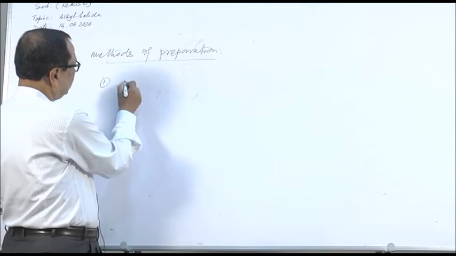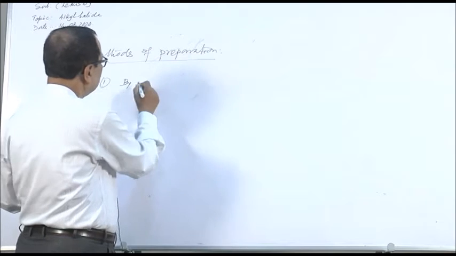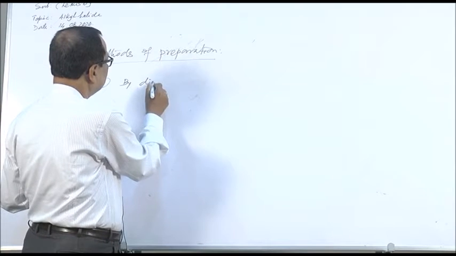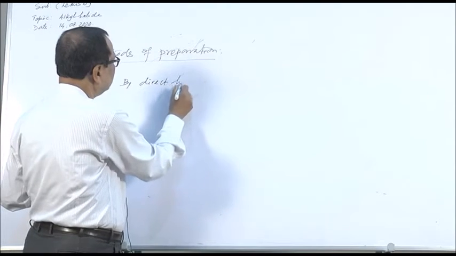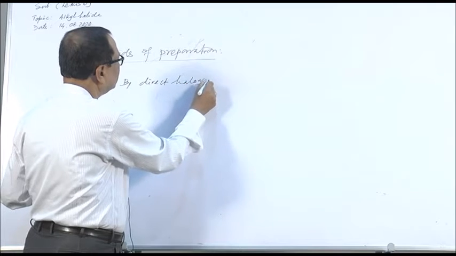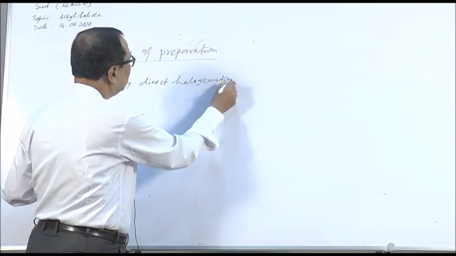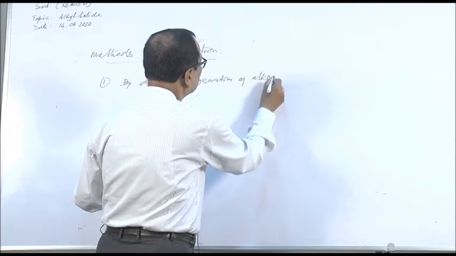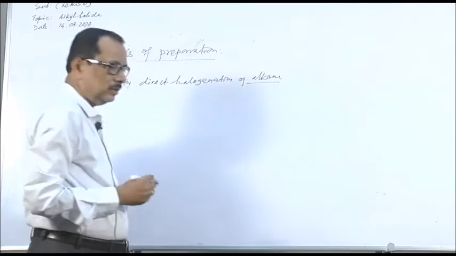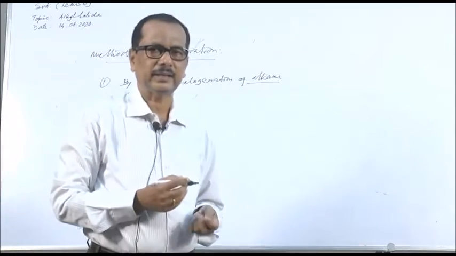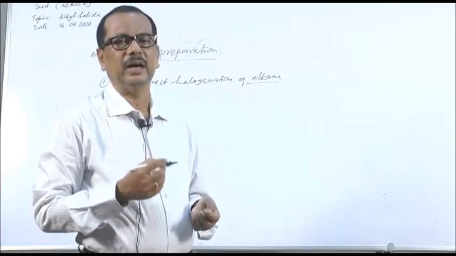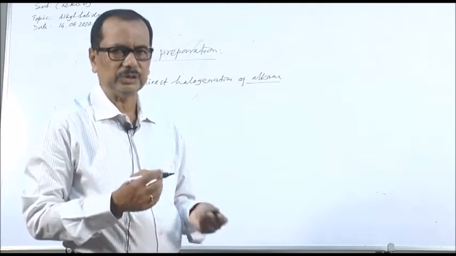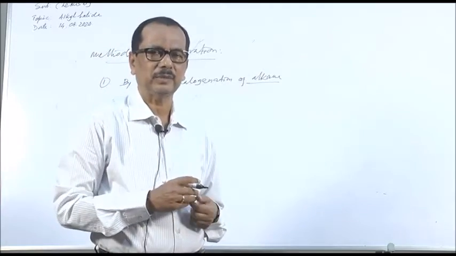By direct halogenation of alkane, the parent hydrocarbon, we can prepare alkyl halide by substituting hydrogen atoms with an equal number of halogen atoms.